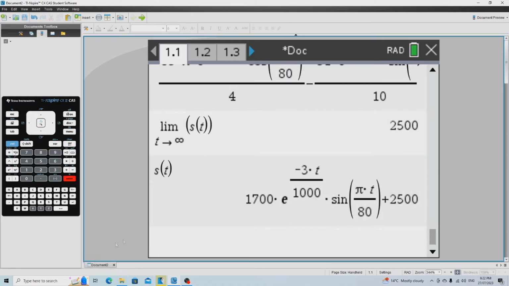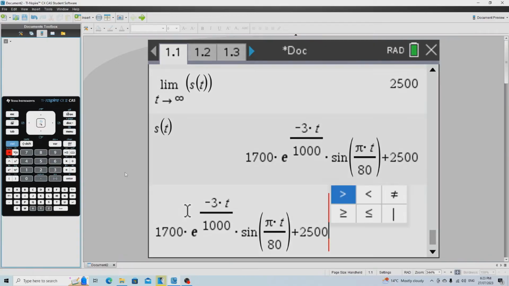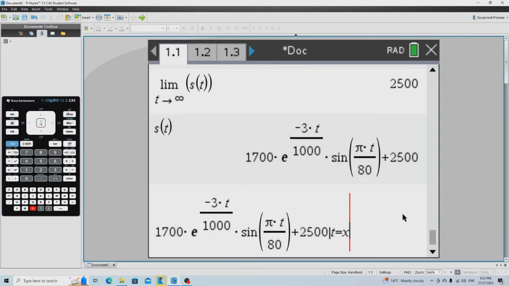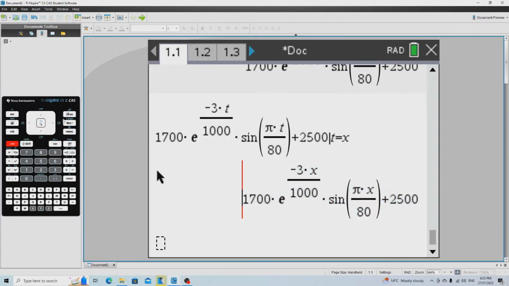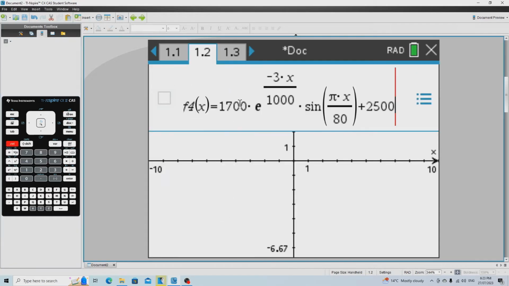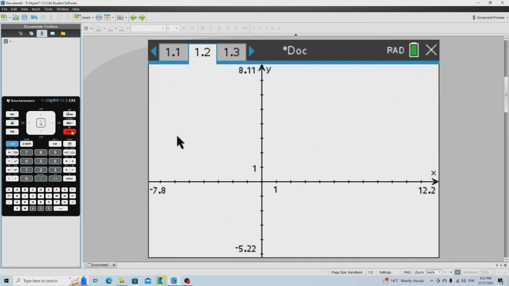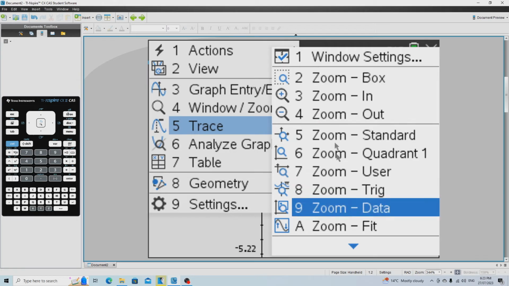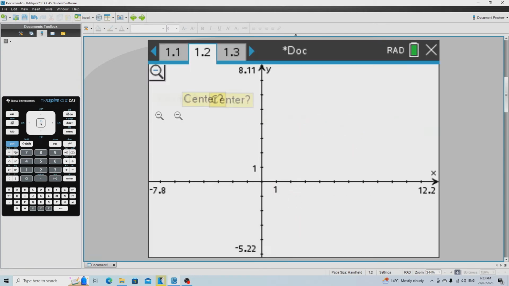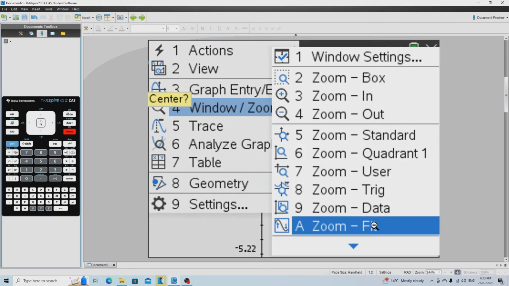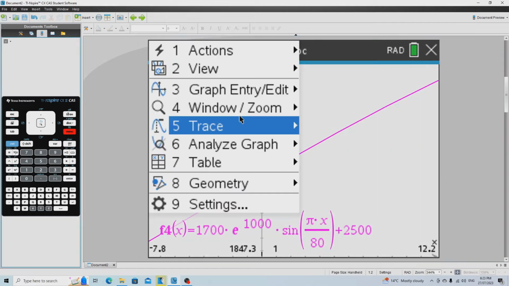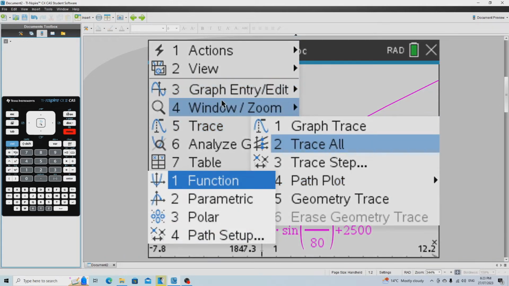I'm going to show how the actual graph looks. I'll take this, make all the variables x instead of t, and copy it onto a new graph. Let's zoom out, and window fit is much better. I want to explain how limits work.